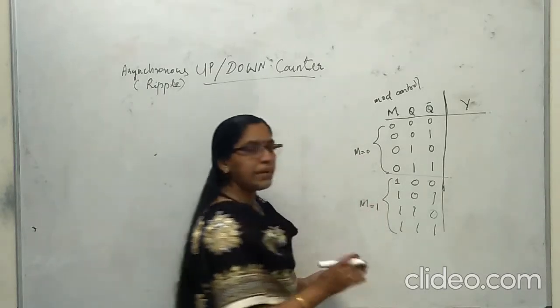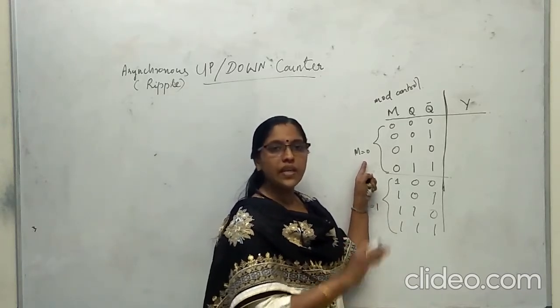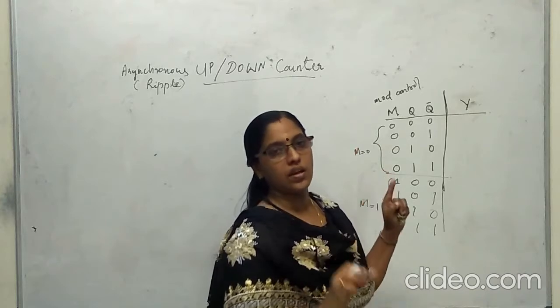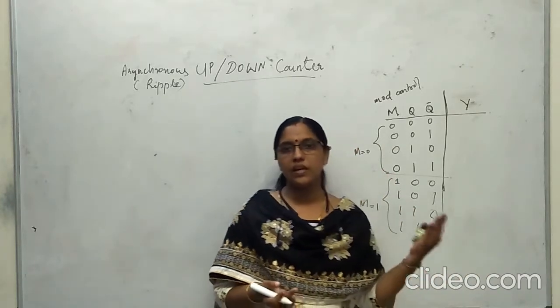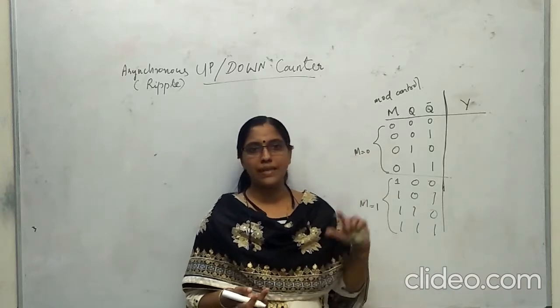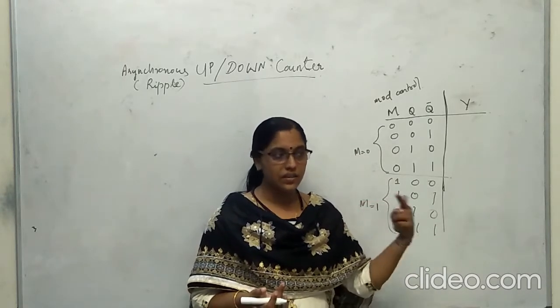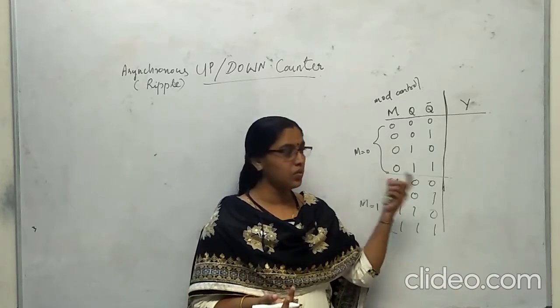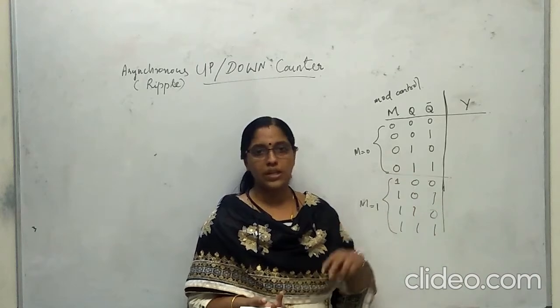And here I am assuming that when M is equal to 0, I am connecting the Q output to the clock of the next flip-flop. We know that by selecting Q and Q bar in a different way, you can use the flip-flop function as either up counting or down counting.